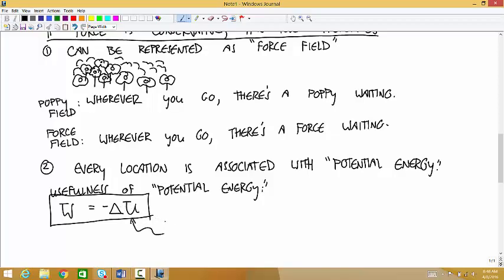And this change in potential energy is the potential energy at the final location minus the potential energy at the starting location.